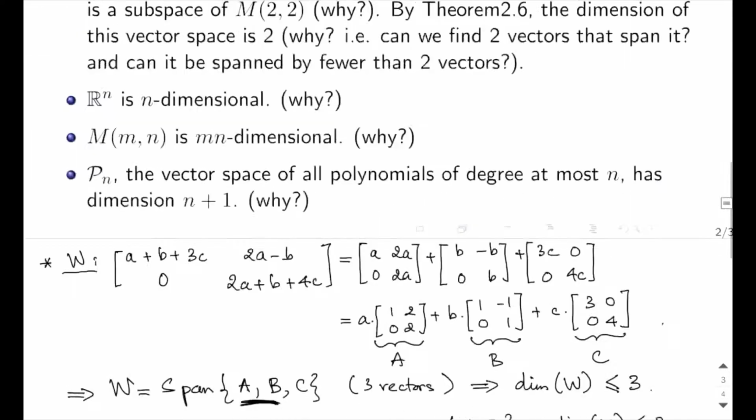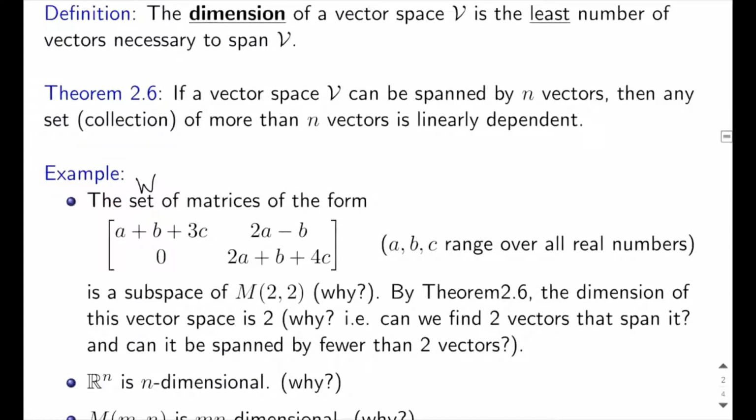If you look at 2.6, you will see: if a vector space can be spanned by one vector, then any collection of more than one vector is linearly dependent. We just apply theorem 2.6 with n being 1.